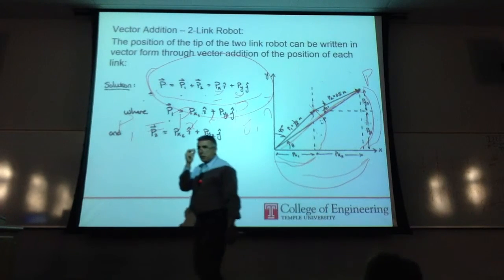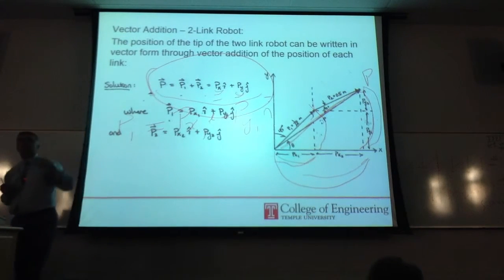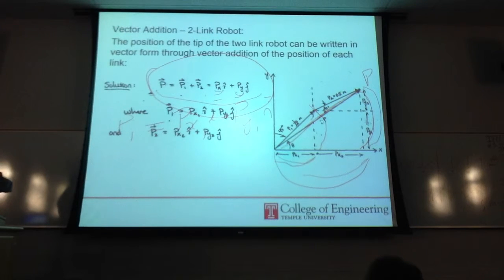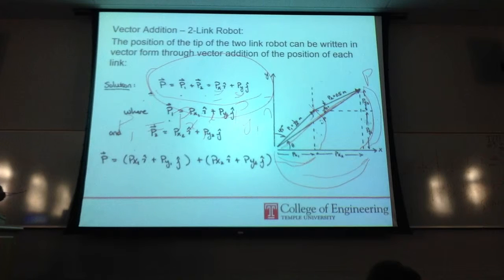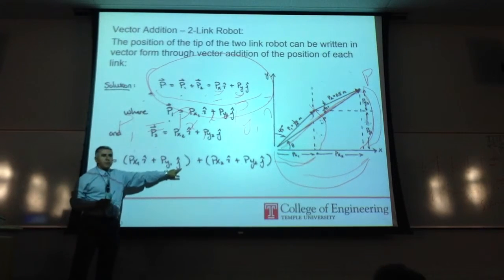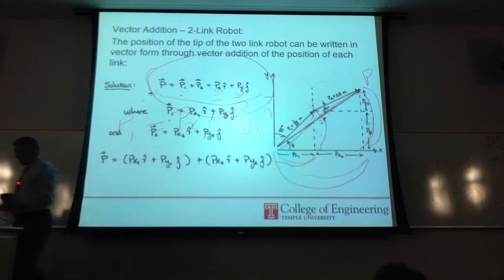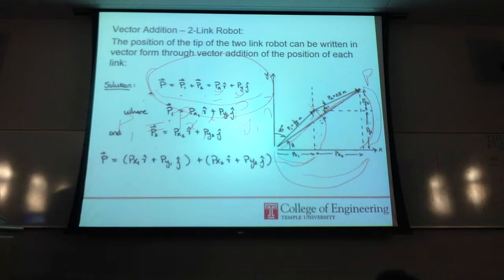Do you remember when you were doing the two-link robot, when you wanted to find the location of that tip, what you had to do? You had to do a lot of cosine interactions and summations and angles and so forth. We're just simplifying it through the vector. So the vector is saying that the new vector, which is the location of this two-link robot, is the location of the first position plus the location of the second position. Any questions?